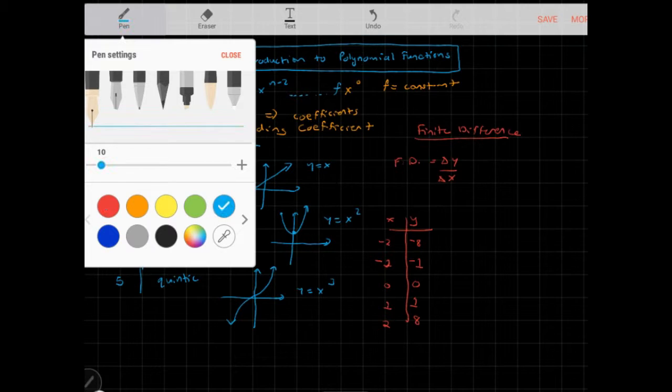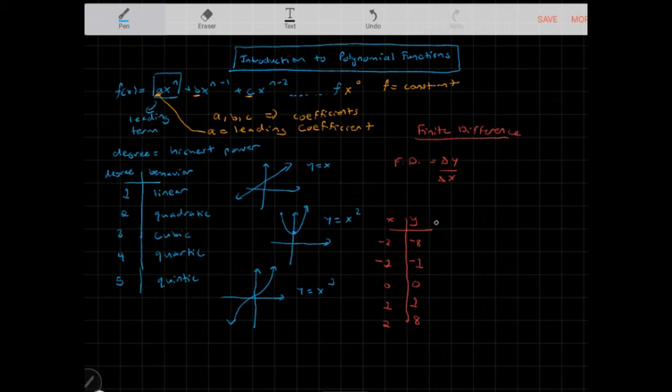The first finite differences are called the first differences. Let's use lowercase fd for that. You can notice here that the change in the x value is constant, so we actually don't need to calculate it because we created a constant x value just for simplicity's sake.